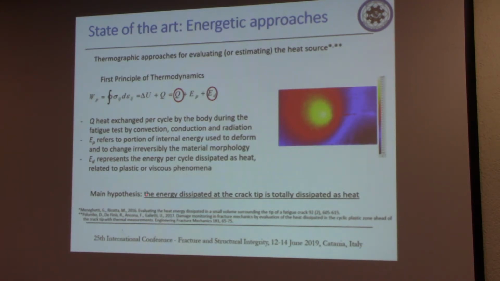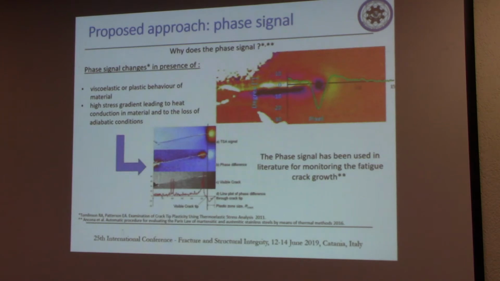So, under the main hypothesis that the energy is totally dissipated as heat, we can measure the heat source with thermography and estimate the energy dissipated at the crack tip.